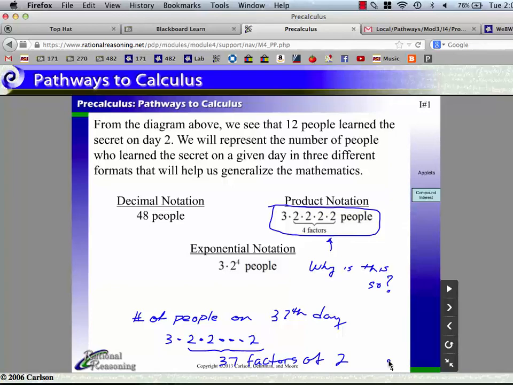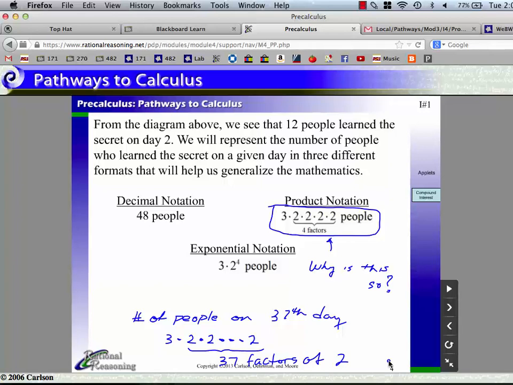So then they ask the question. On the next page, B, top of page 128, it says, if you were to describe to your friend how the number of people who learn the secret on a given day is growing, what would you say? I would change it to, if you were to describe to a child how the number of people who learn the secret is growing, how would you describe it to a child?